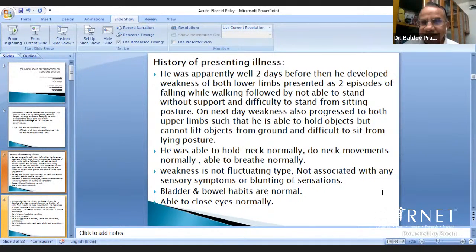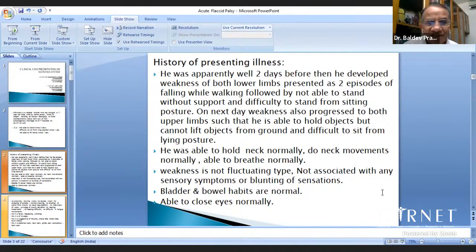So the point is, in this type of chronic illness, if you ask about the time before this apparently well period, they will come out with these issues. So always take it. Very good, Bhargav, you have mentioned it so that we could discuss this point.